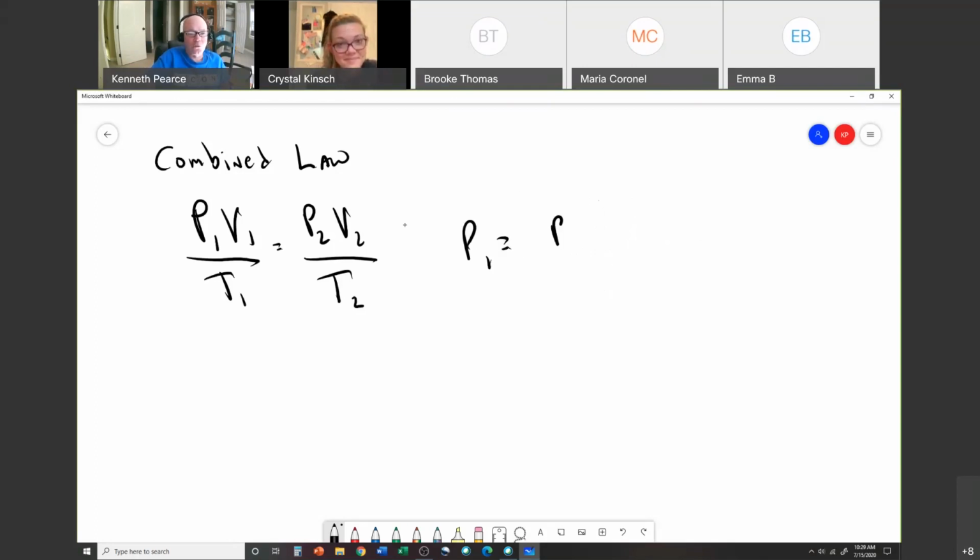P1 equals P2 V2 over T2, and that would be T1 over V1. There we go. So we should be able to take anything and just solve for whatever it is that we're looking for. That was the whole point of that little exercise right there.